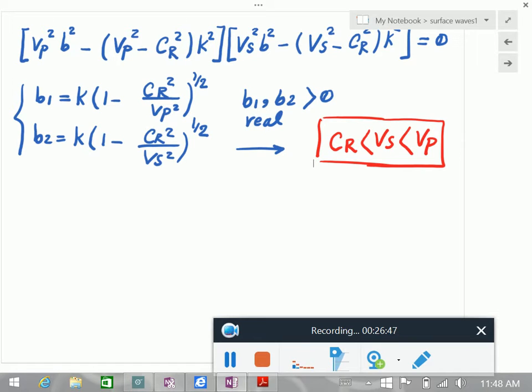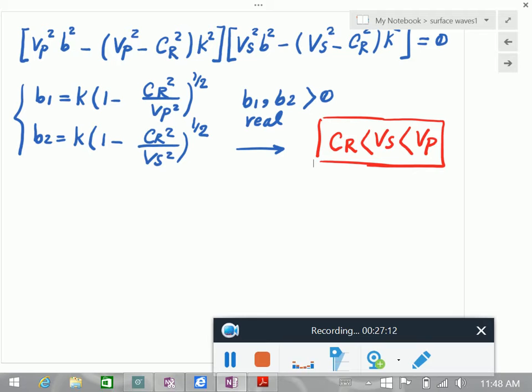It is a square root, one half is a square root. So if that's larger than 1, an imaginary number comes out, and then when you have an imaginary number in the exponential, it's oscillatory, right? It's not going exponentially down. So that's where we are coming from. I skipped a lot of steps because it would be too long otherwise.